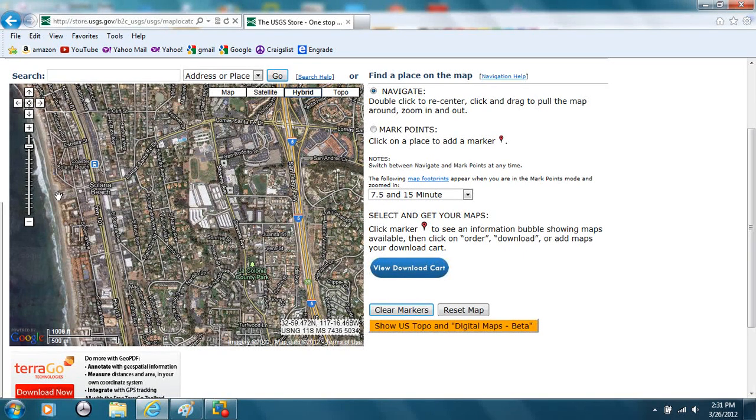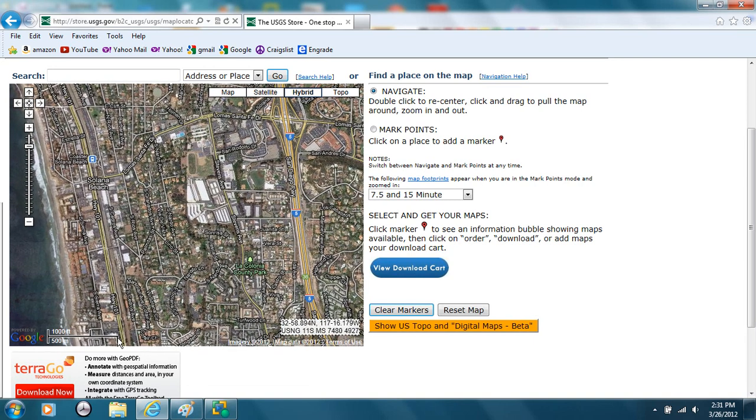So I have measured this distance from here to our school on my computer screen, and it turns out to be 8.5 centimeters. I also measured this distance from here all the way over to here, and that measures 2.8 centimeters. And they tell me that distance is 500 meters.